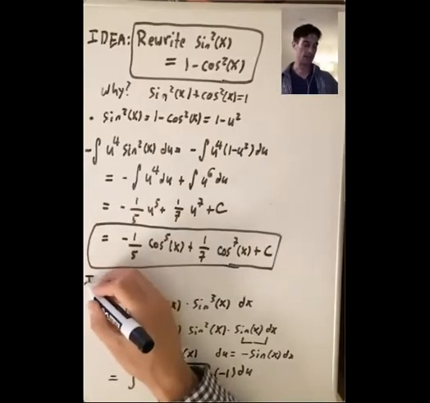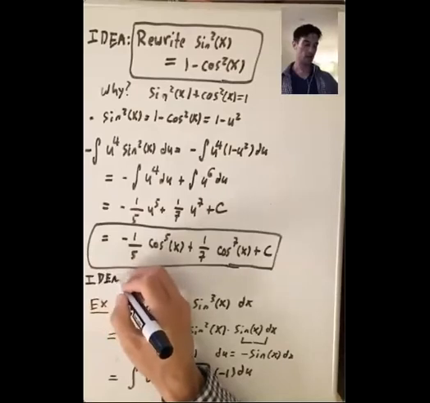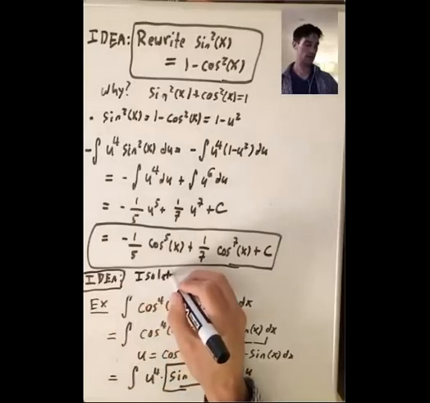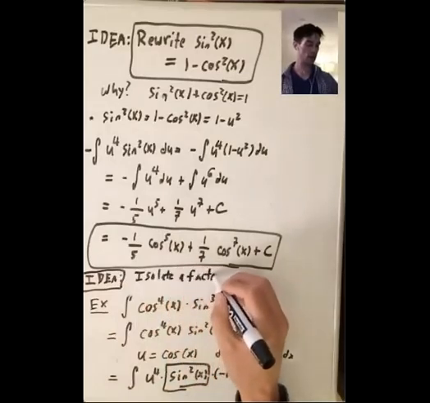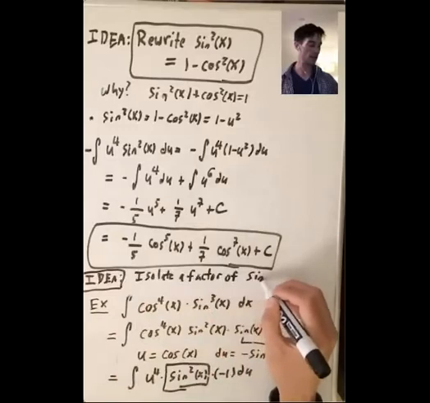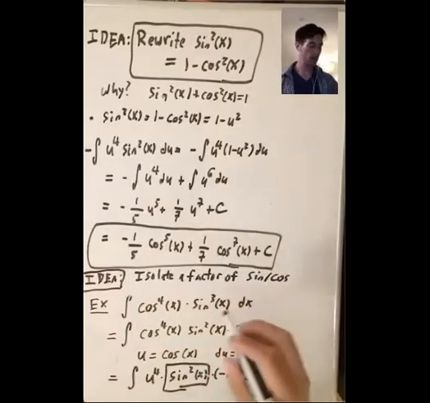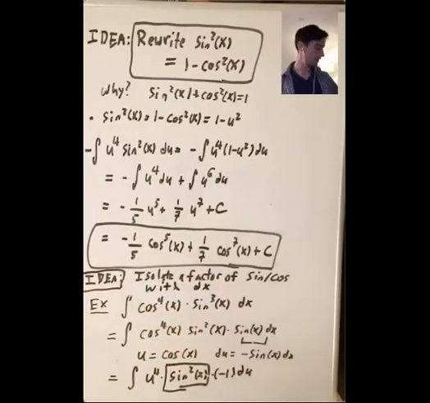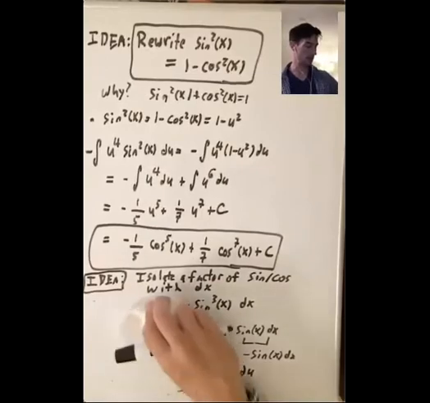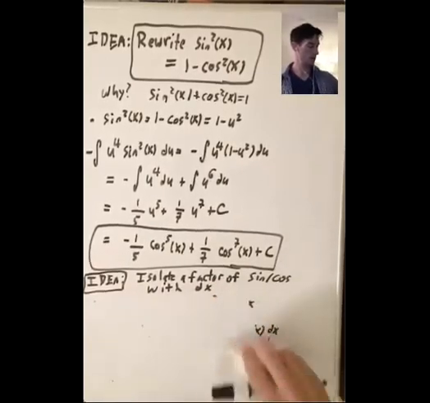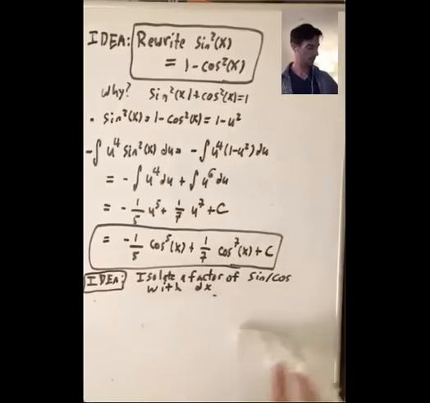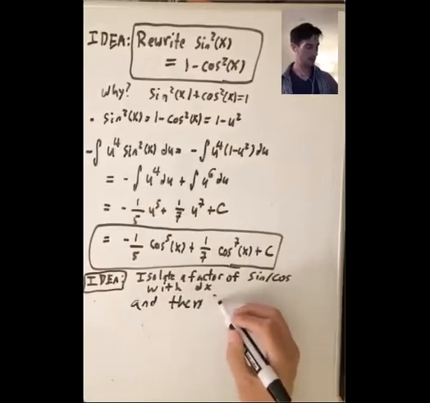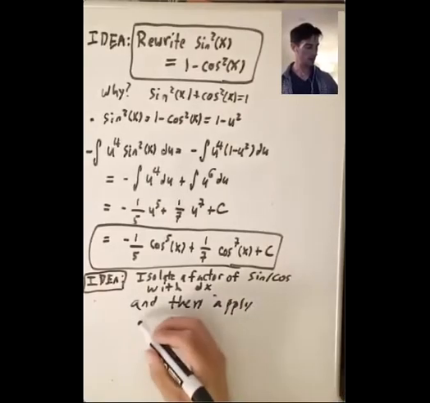The main idea was we isolated a factor of either sine or cosine with the dx, and then we applied u substitution.